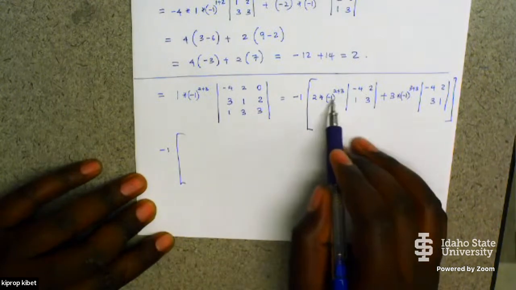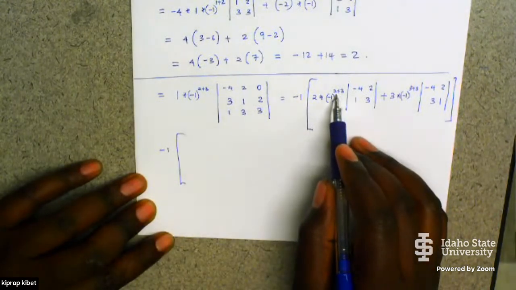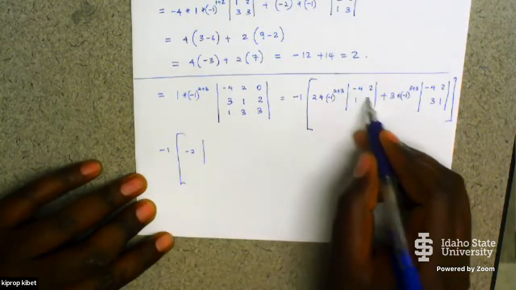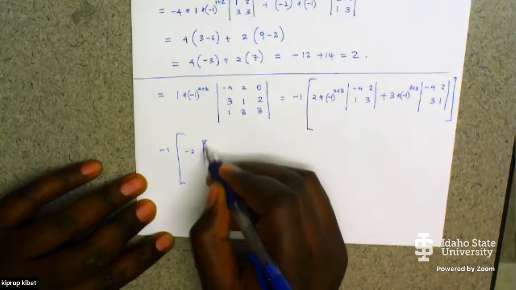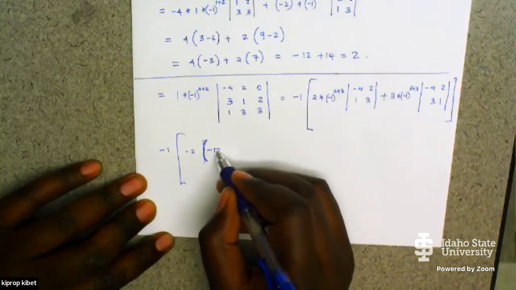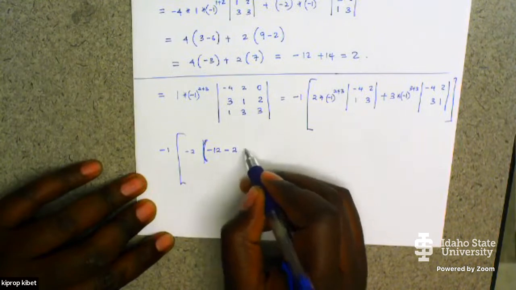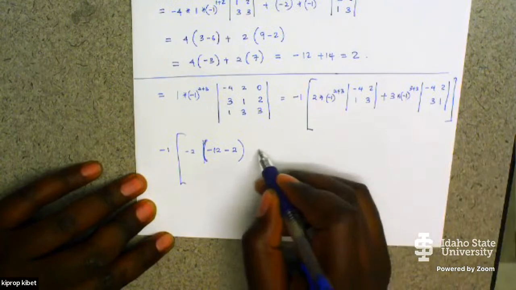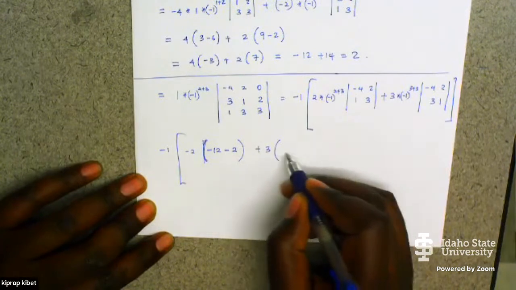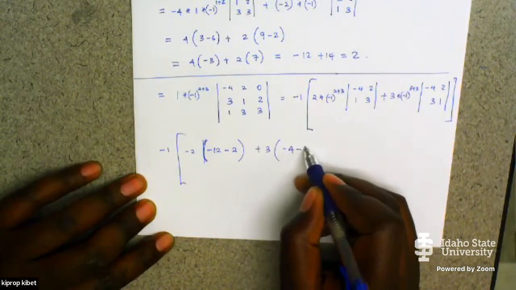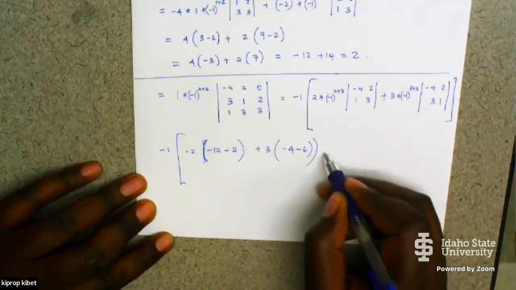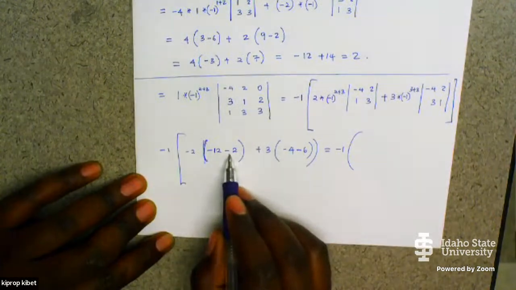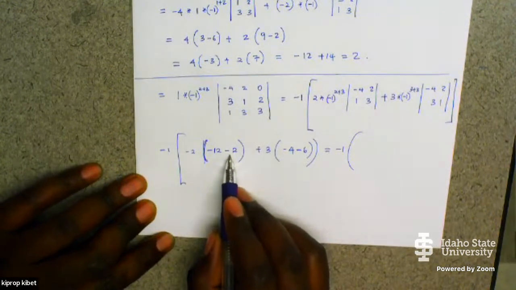And then this is negative, so this is -2 times the determinant of -12, -2, and this is plus 3 times the determinant of -4, -6, and this equals -1 times. -12 minus 2 is -14.